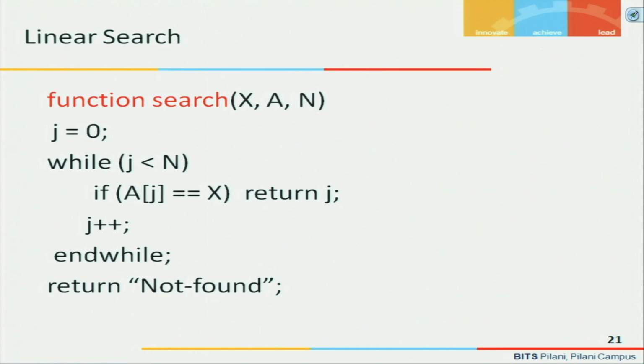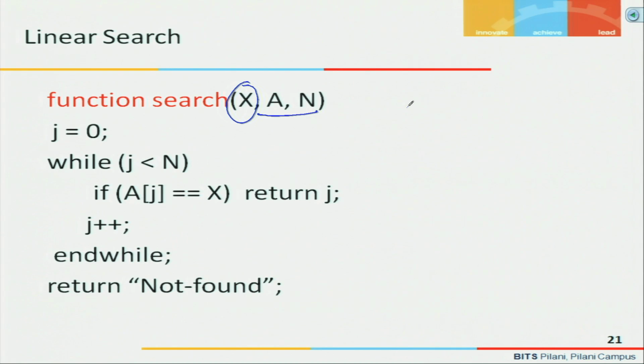Let us try to look at some more examples, just to make sure that we understand the definition of big O. This is a problem where you are given an array of numbers, or a sequence of numbers, and you are given a particular key element, and you want to search whether this element belongs to the sequence.